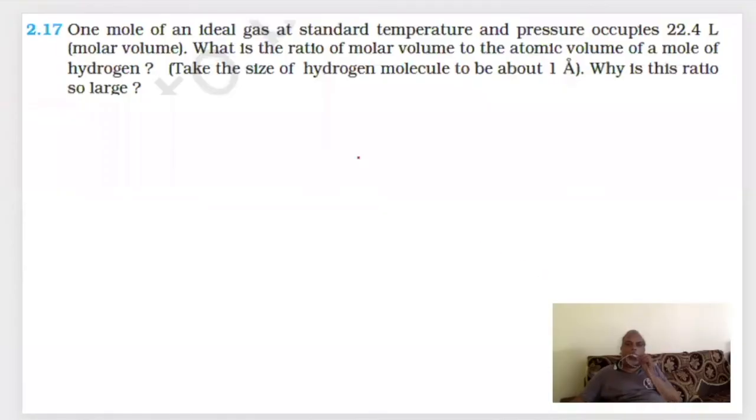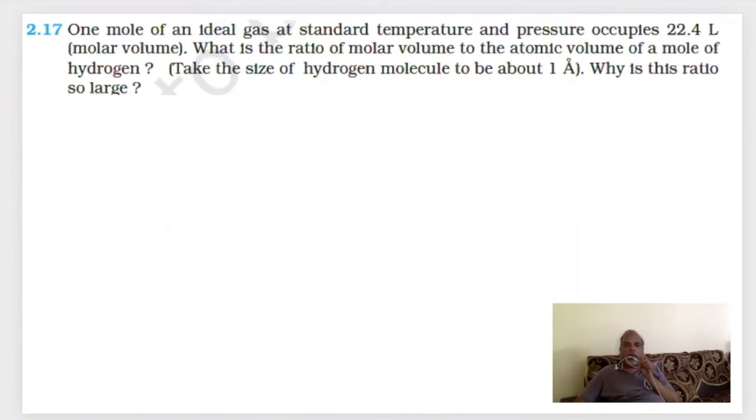Now we will see question number 17 of NCERT chapter units and measurement. This says 1 mole of ideal gas at standard temperature and pressure occupies 22.4 liter.